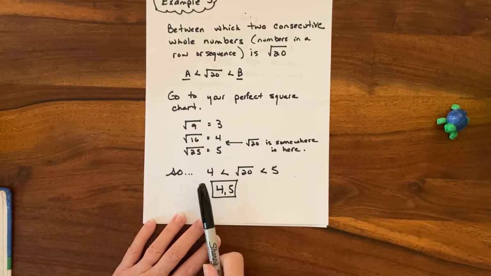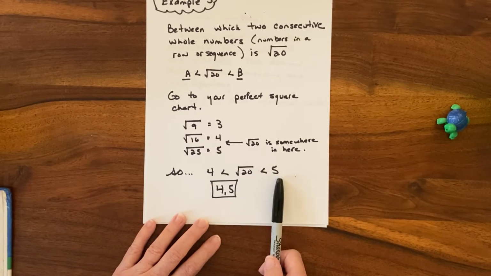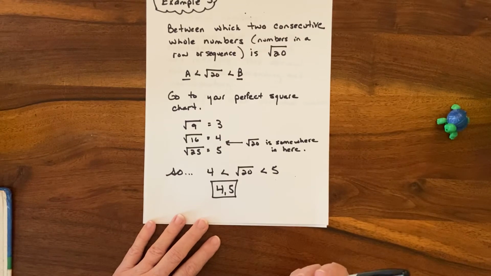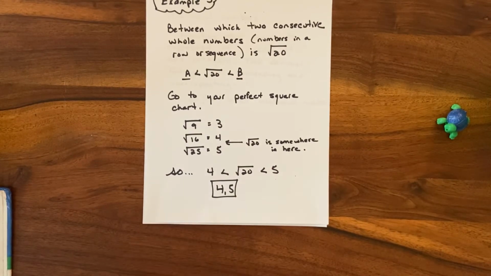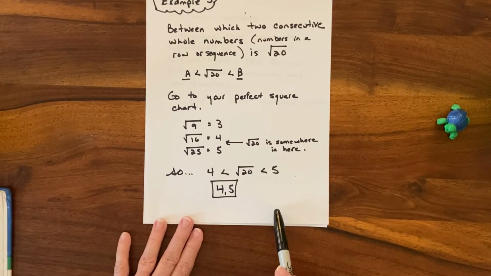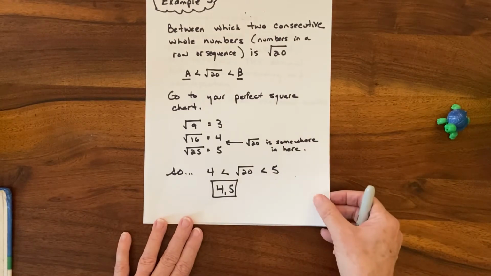So I can say 4 is less than the square root of 20, and the square root of 20 is less than 5. So the square root of 20 might be, I don't know, 4.5, but not quite, somewhere in there. So they asked me which two consecutive whole numbers. So 4 and 5. Make sense?